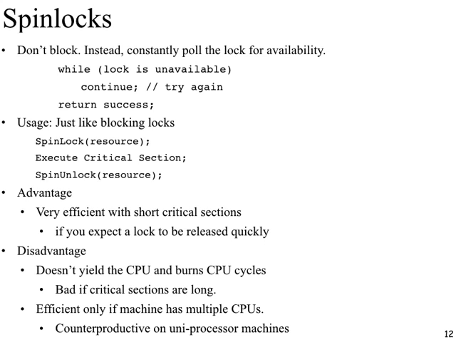If the system has only one CPU, then using spin locks is counterproductive, because if a thread is spinning on a lock, then the thread actually holding the lock cannot make progress on the critical section. So you have to be careful to use spin locks only on multi-CPU systems. In fact, implementations of spin lock often check whether there are multiple CPUs in the system. Otherwise, spin locks may default to blocking locks.